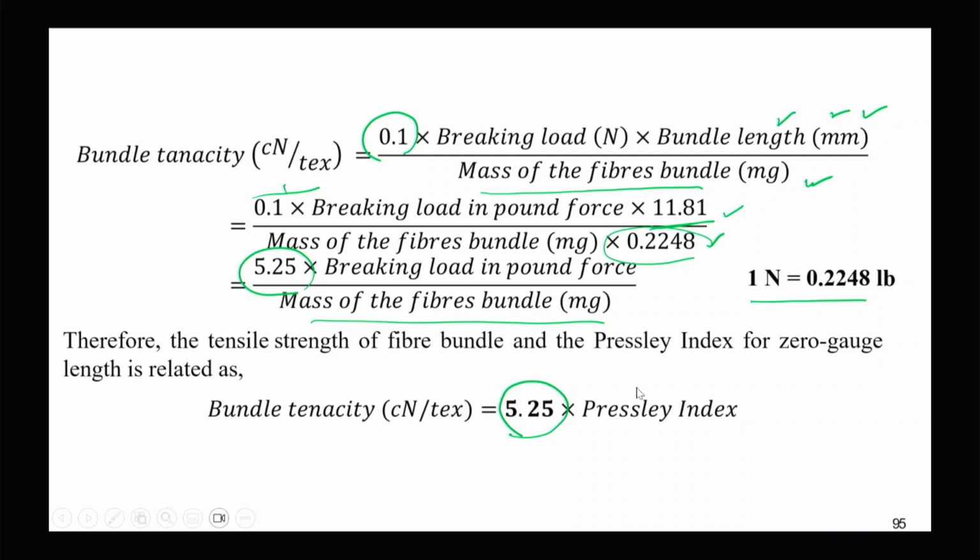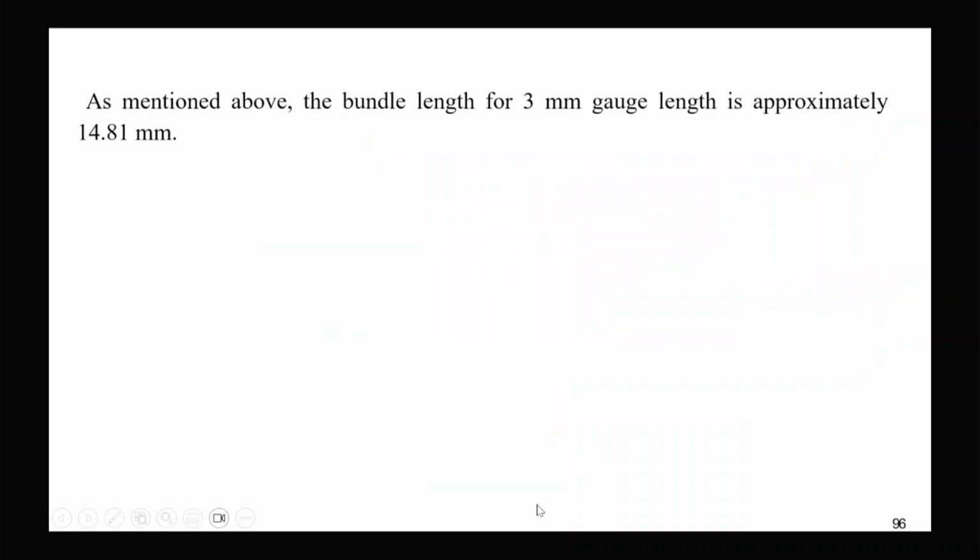Let us see what happens to the 3 millimeter gauge length. For 3 millimeter gauge length, only this parameter will change. 11.81 becomes 14.81. So for gram per tex, it will become 5.36.